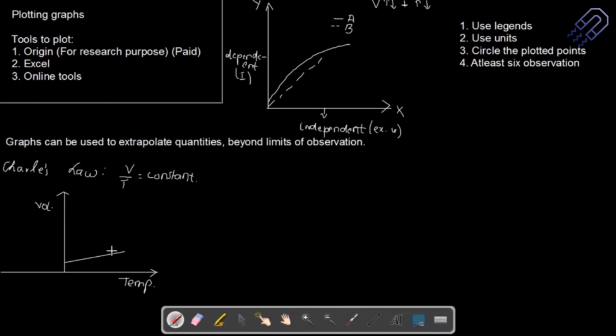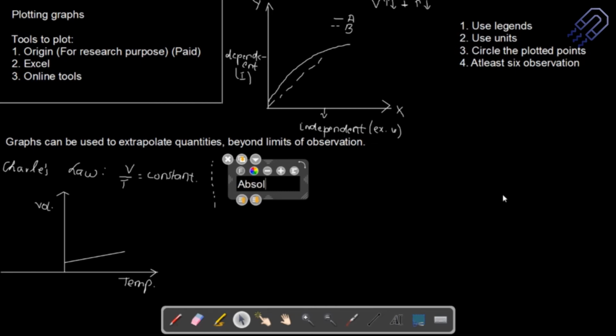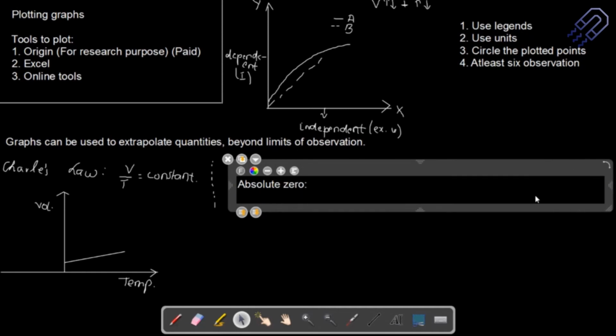Now there is a term which we call absolute zero. If you remember, or maybe I can type this down. So what exactly does absolute zero mean?